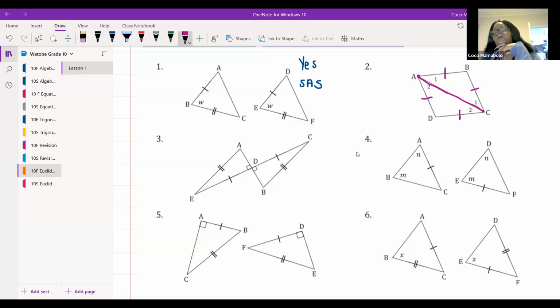Ma'am, is it going to be angle side? What this tells me, Tabang, is that this AC that we're looking at is common. It's a common side. If it's common, doesn't that mean that it's going to be equal in both triangles? Yes, ma'am.